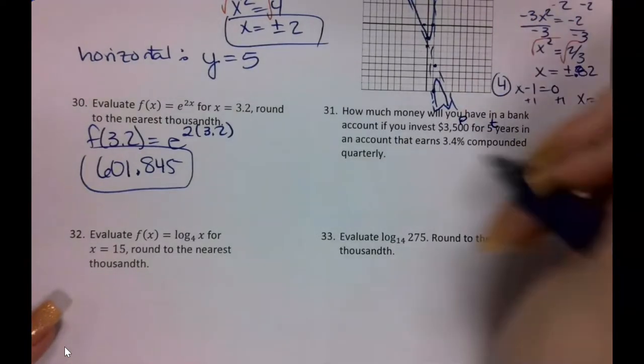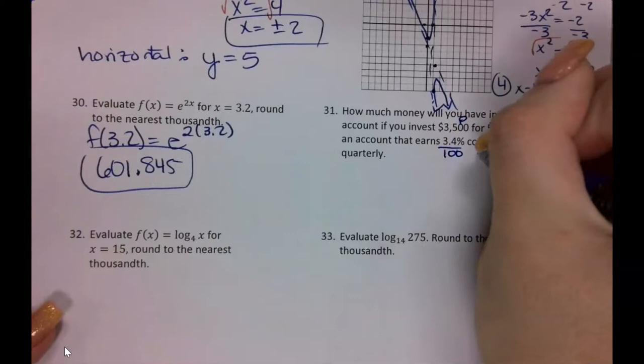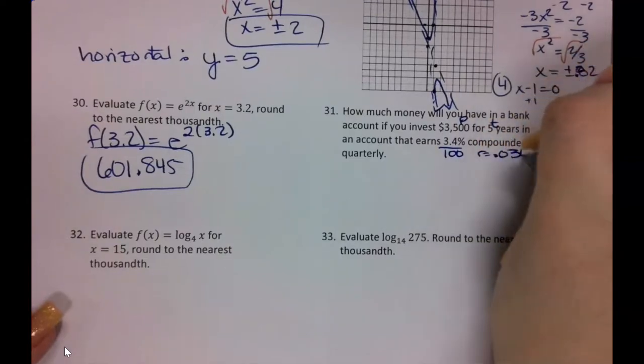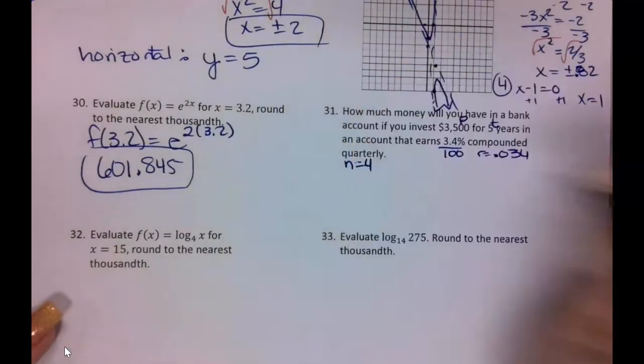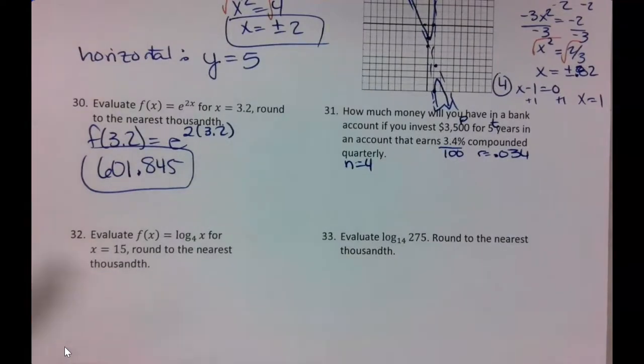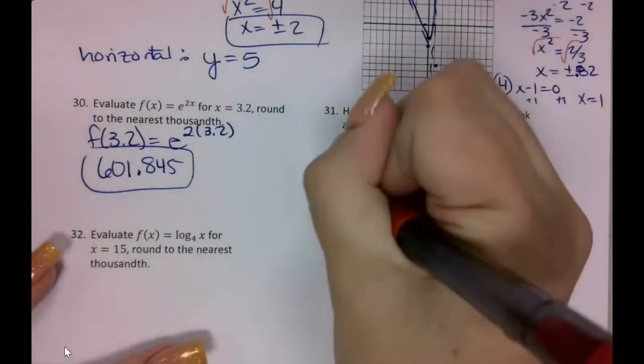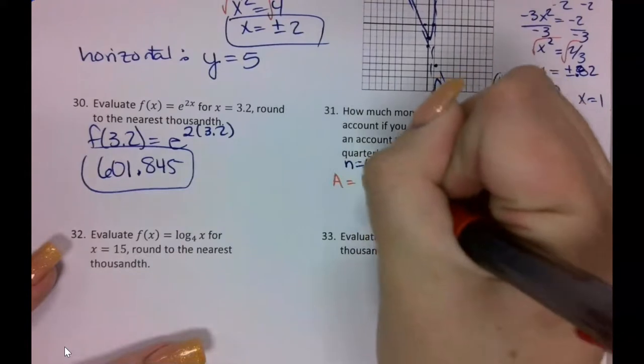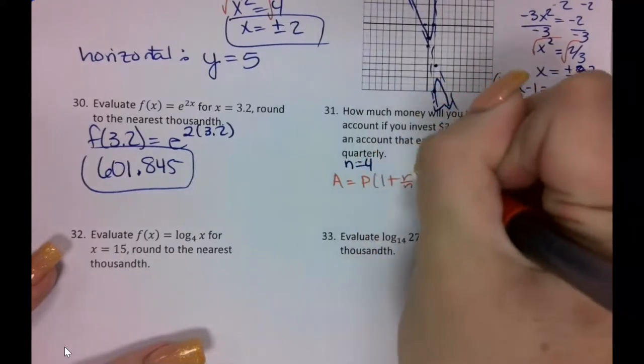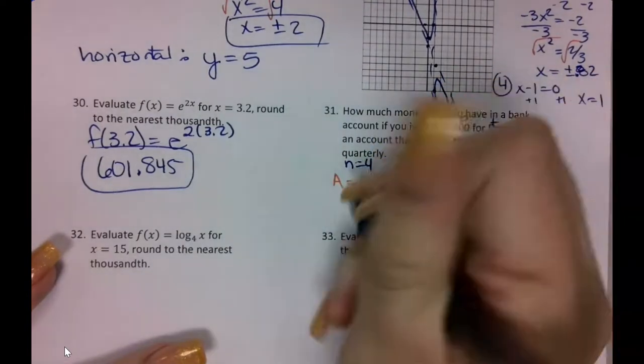Number 31 says, how much money will you have in a bank account if you invest $3,500 for 5 years in an account that earns 3.4% compounded quarterly? So that's 4 times a year. The formula I am using here is A equals P times (1 plus r over n) to the nt power. So I want to plug in there.